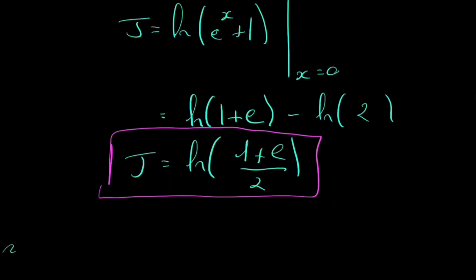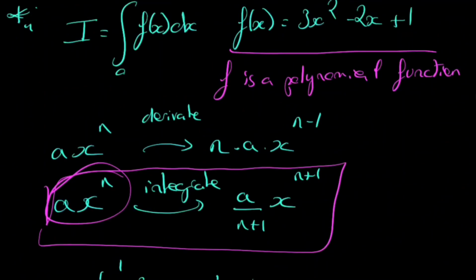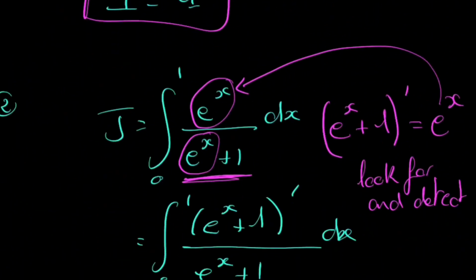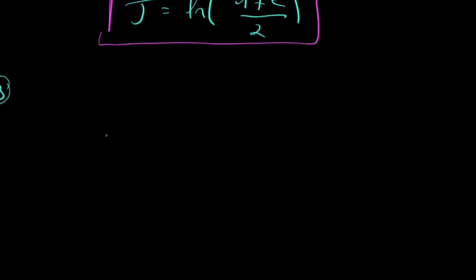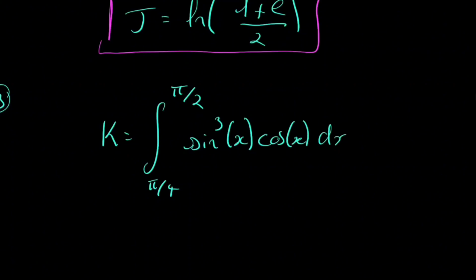So now integral number 3, which is called K. K is equal to the integral from pi over 4 to pi over 2 of sine to the third power of x times cosine of x dx.